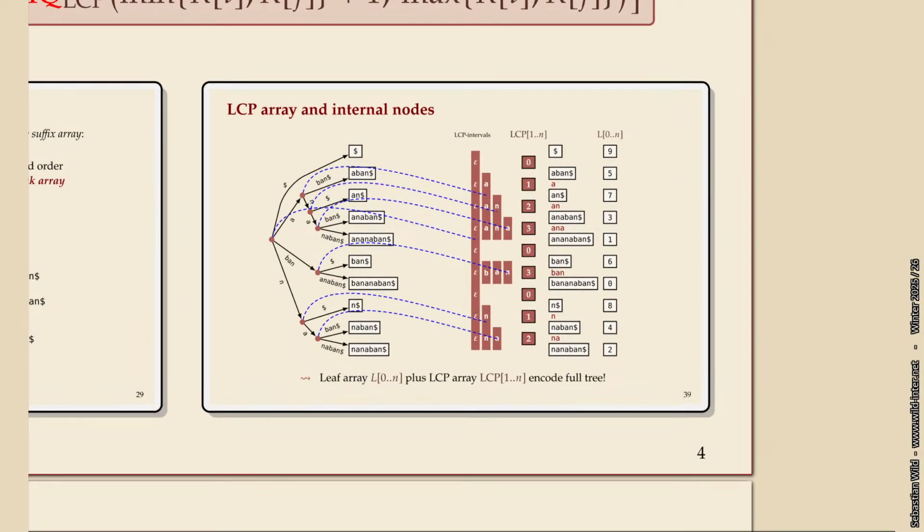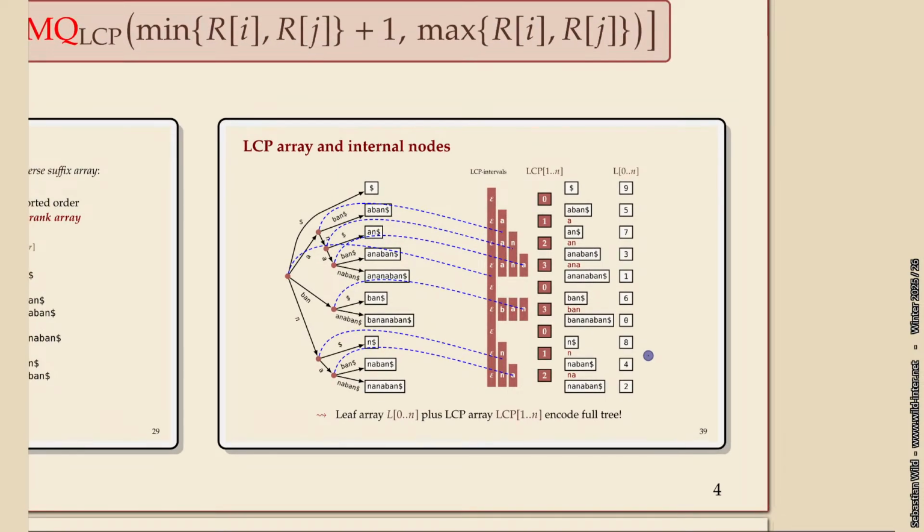Why is this correct? Suppose we want the longest common prefix of these two leaves, or in other words, the suffixes starting at position 5, A-ban, and 1, a-nanoban. What's the longest common prefix of those? Well, you can look it up from the strings. It's just the single A. But you can also take the two and look at the corresponding range in the LCP array.